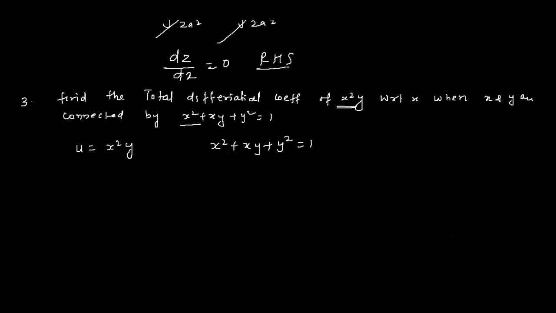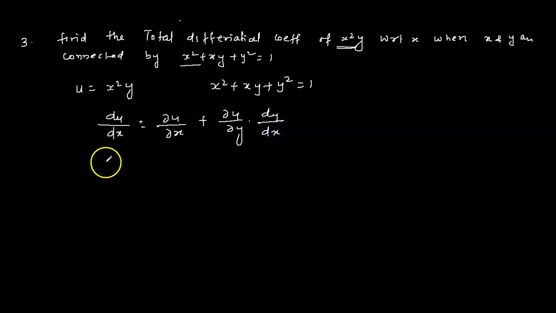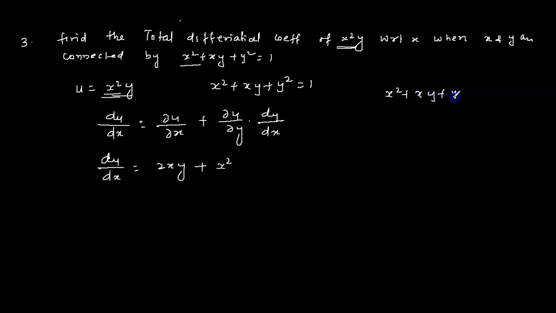Total derivative means again this one. So u with respect to x: du by dx is equal to del u by del x plus del u by del y times dy by dx. So del u by del x, differentiation with respect to x, is 2xy, plus del u by del y, which is x square, and this dy by dx we have to find separately. Here x square plus xy plus y square is equal to 1.